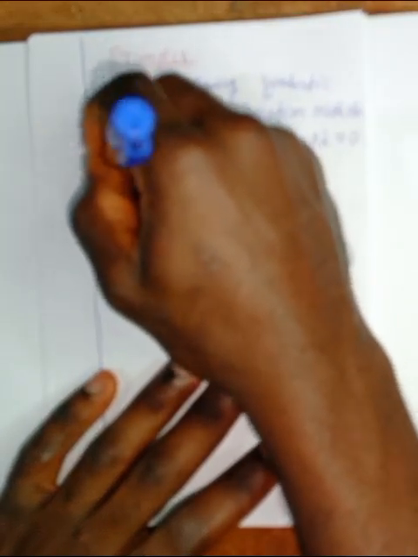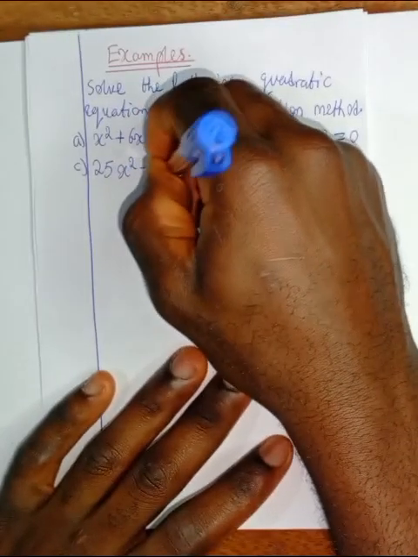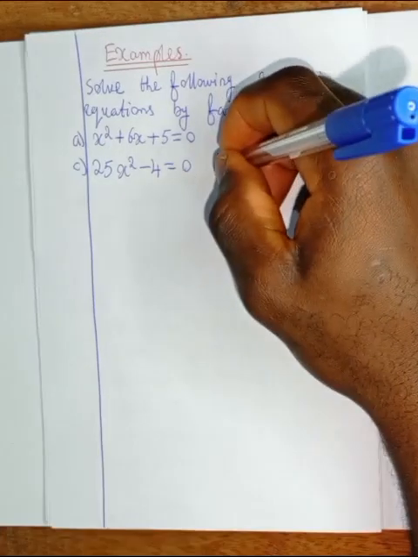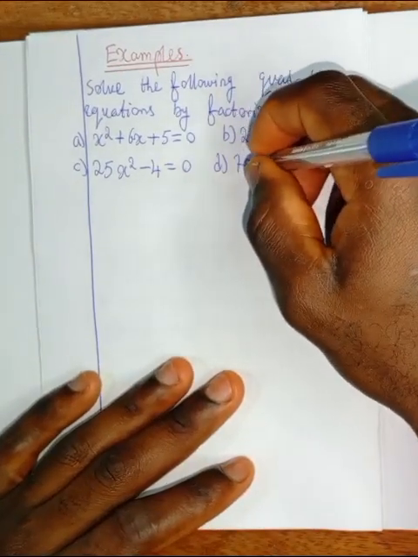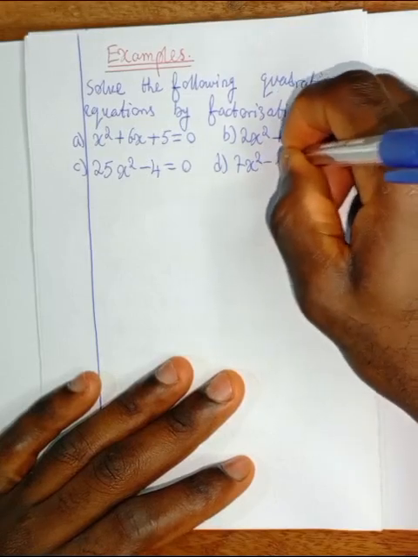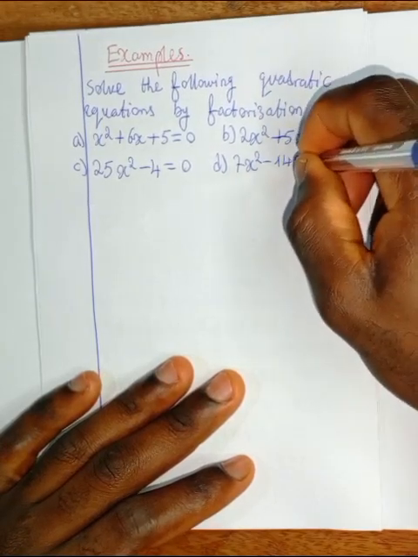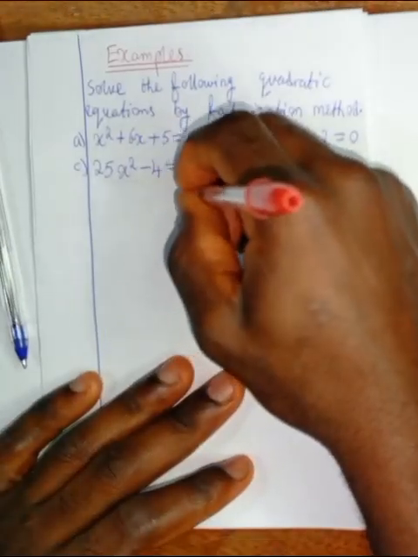C, we have 25x squared minus 4 is equal to 0. D, we have 7x squared minus 14x is equal to 0. We are going to take down the solution.